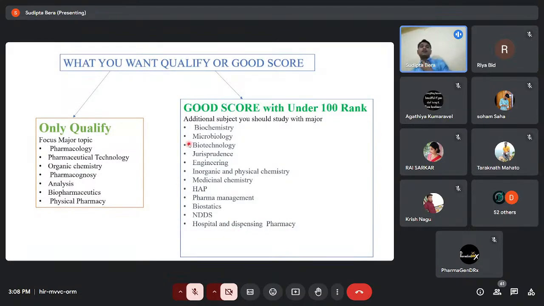If you want only to qualify or get good scores, what do you want, qualify or good score? If you want only to qualify, then focus on major topics because you do not have too much time. You only want to qualify. So you must go for pharmacology, pharmaceutical technology, organic chemistry, pharmacognosy, analysis, biopharmaceutics, and physical pharmacy.